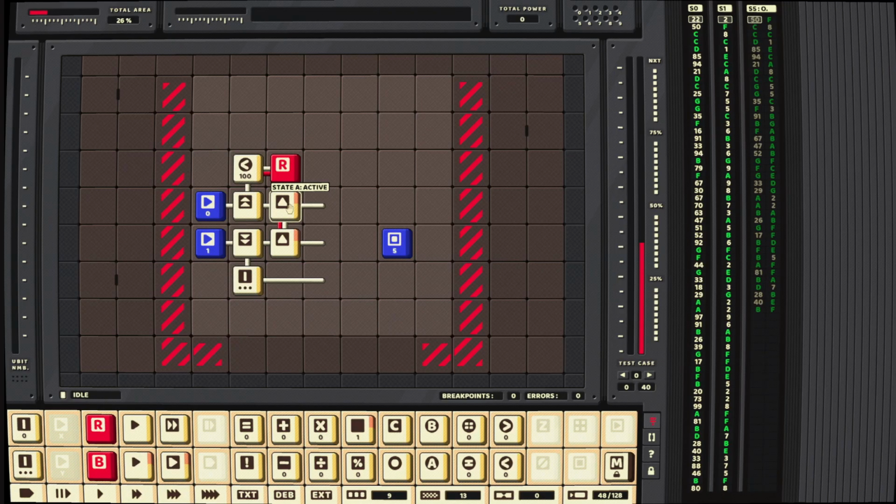Even if it were a single tick of on, it would be fine, because this U-bit would now naturally want to go to the recycler, as long as something didn't push it in another direction. And then we're going to do a similar thing here, feeding to a recycler here.